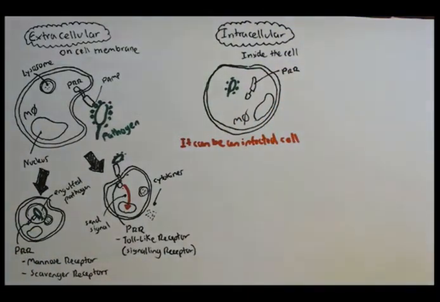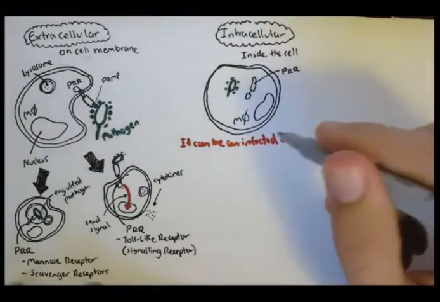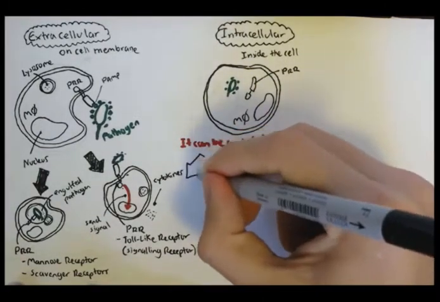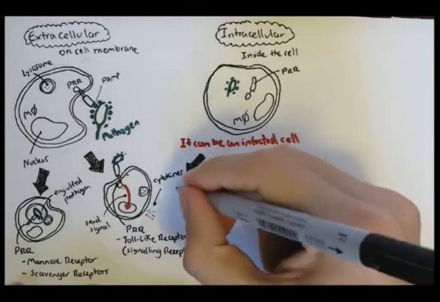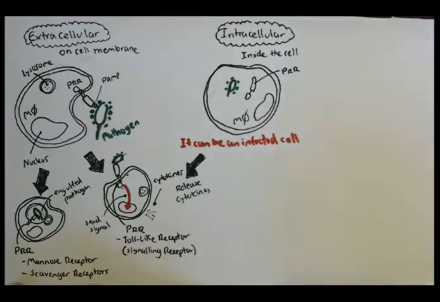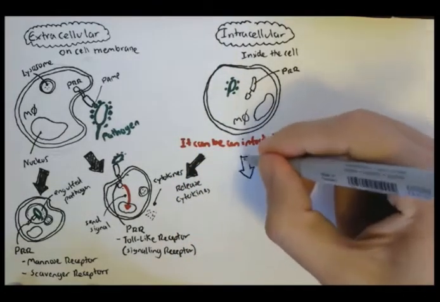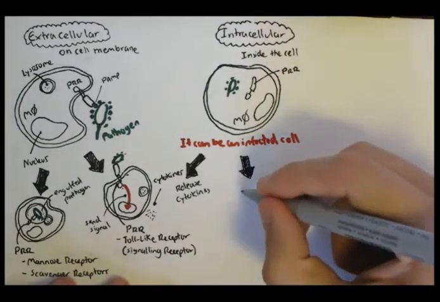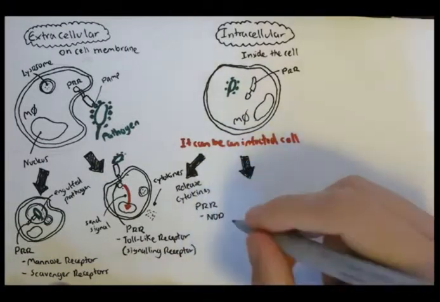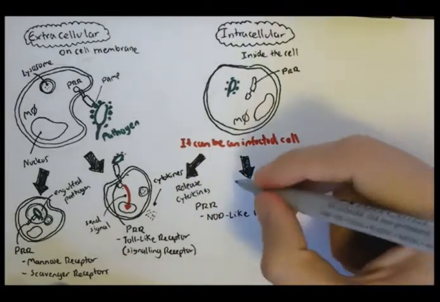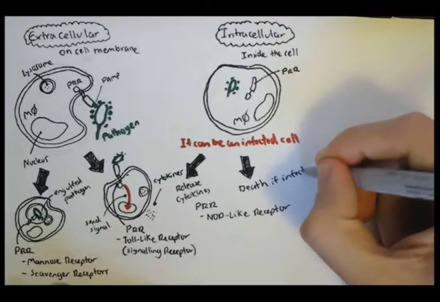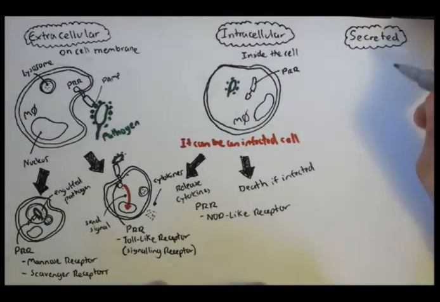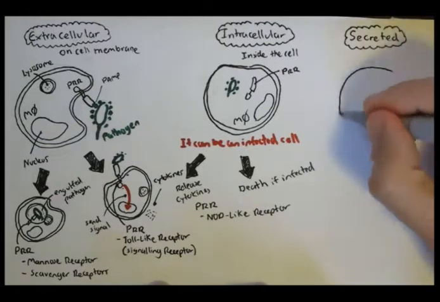So these intracellular receptors can cause the cell to release cytokines or other various chemokines, and also, if it's infected, it can die. Now these intracellular receptors are mainly known as the NOD-like receptors. There are others, however.